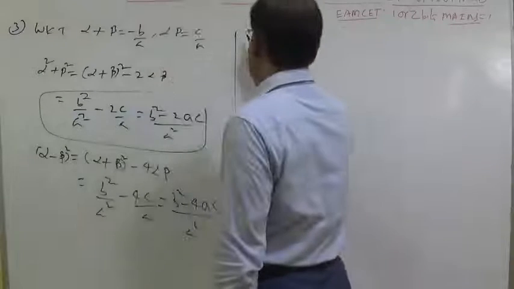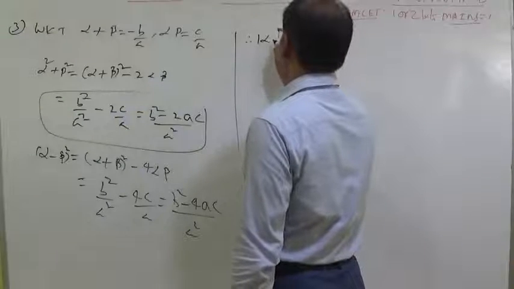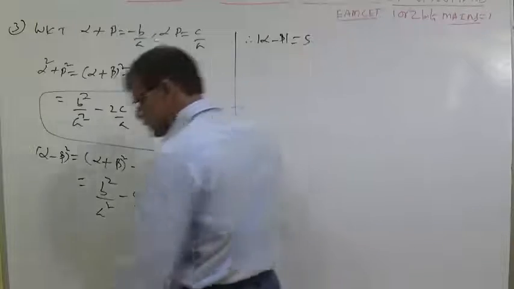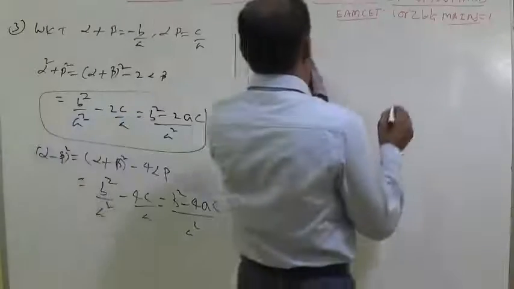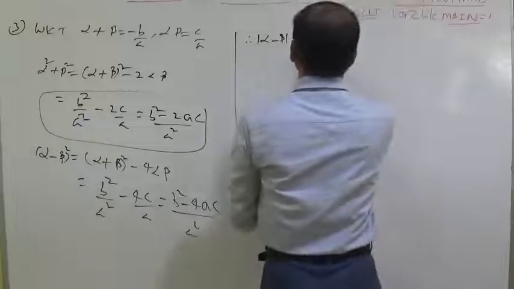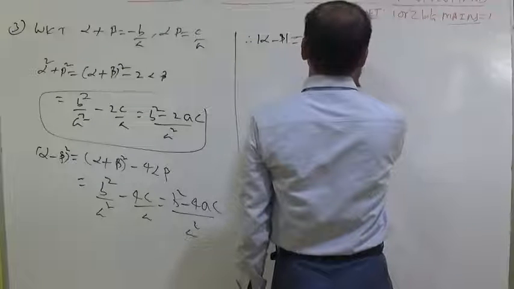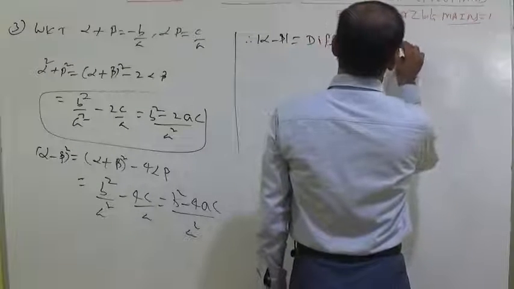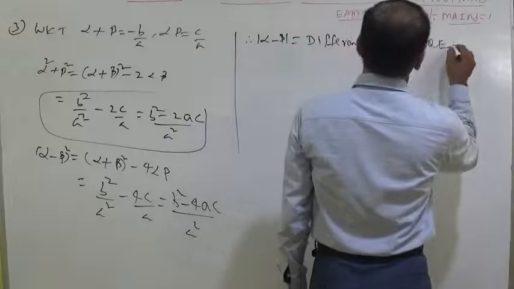Now mod alpha minus beta is notated as the difference of roots of a quadratic equation.